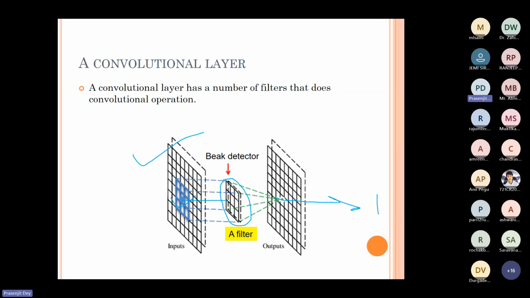So if it finds the feature, it will have a very high value of 1. And if it fails to find the feature in a certain region, so the feature is not there in this region, then when it hovers through this region, the output will be 0. But if it finds the feature, then it will have a high output in the hidden layer, saying, okay, I found the feature. That is how it works.